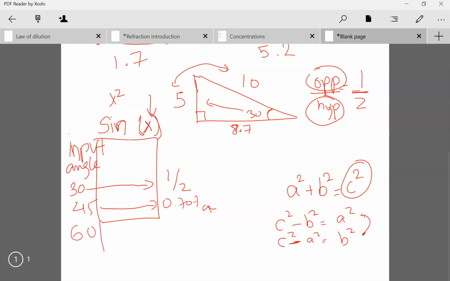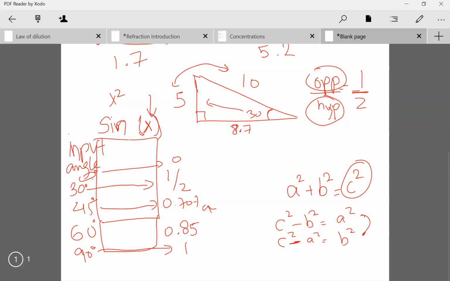If it takes in 60, it's going to be, I don't know, 0.85, I think, somewhere around there. If it takes in 90, it's going to output 1. If it takes in 0, it's going to give you an output of 0. Again, these are 0 degrees, 30 degrees, 45 degrees, 60 degrees, and 90 degrees, right? So the inputs are always angles for a sine function, and the output is a ratio of sides.